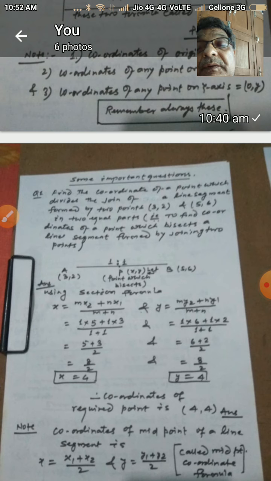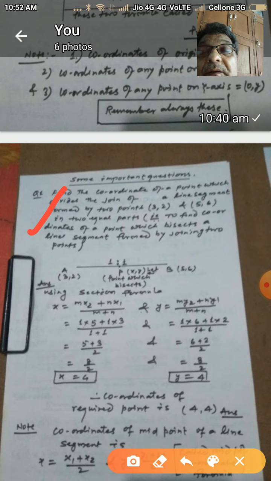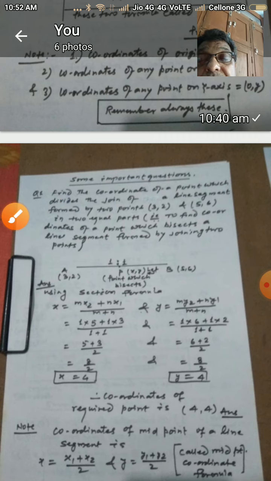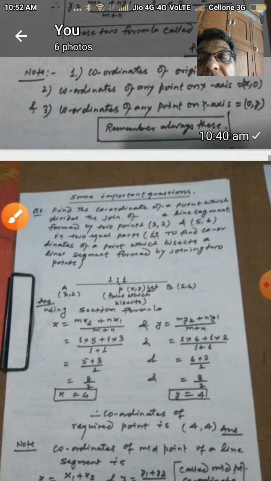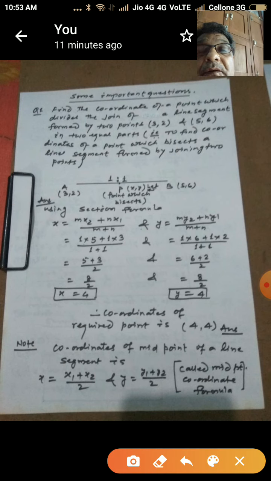The first question is: find the coordinate of a point which divides the line segment joining two points 3, 2 and 5, 6 in the ratio 1:1.